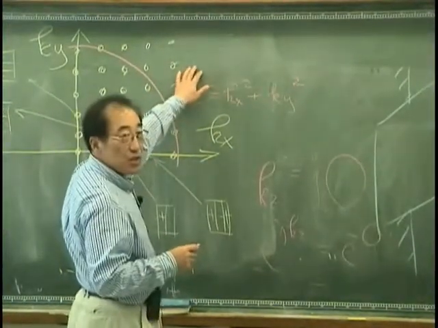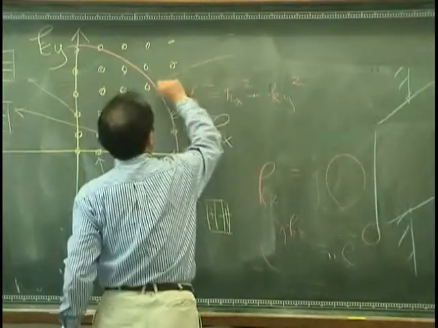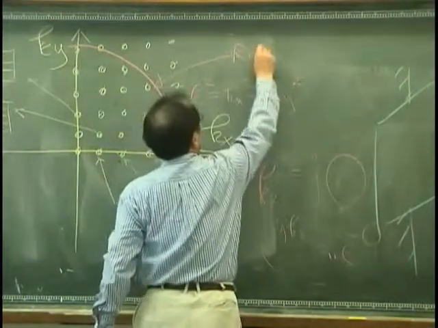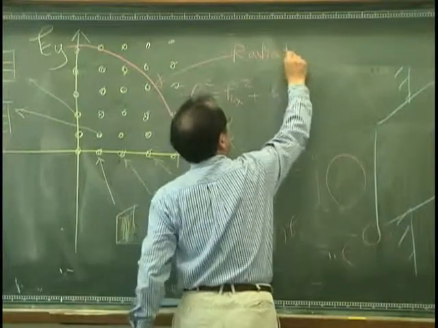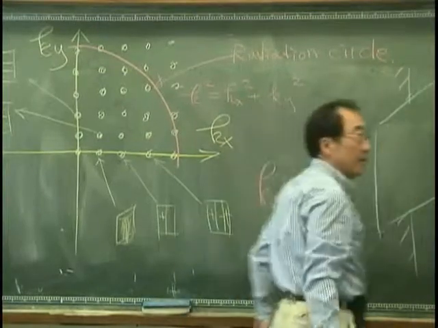In this region, it radiates very well, and we call this the radiation circle.